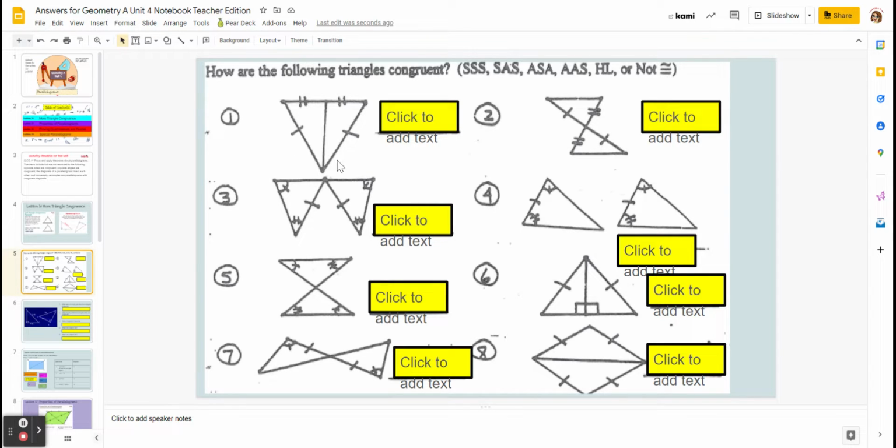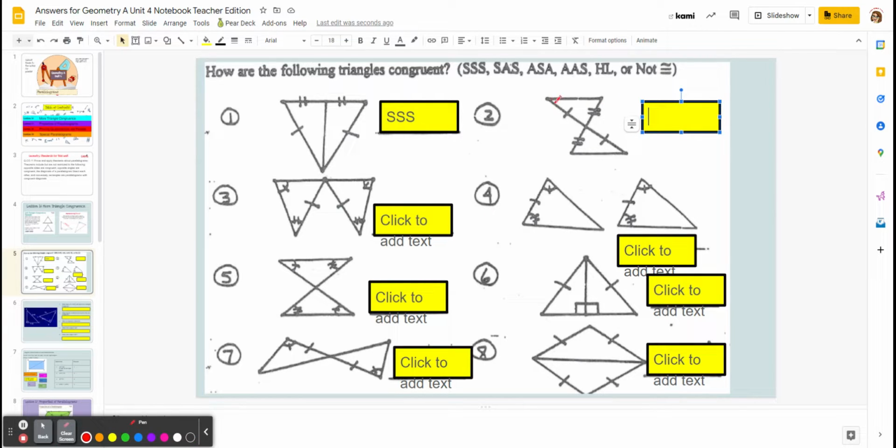If we look at this first one, we'll notice we have one pair of congruent sides, another pair of congruent sides, no angles mentioned, but the third side of the triangle is the one they share. So this first one is side, side, side. All right, this next one, we have one pair of congruent sides, another pair of congruent sides.